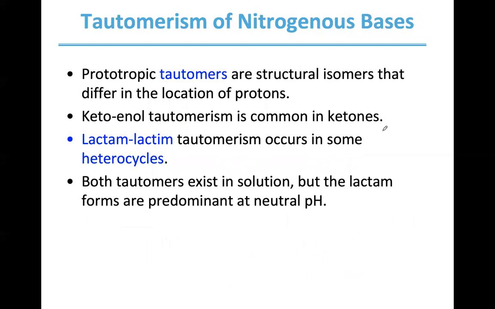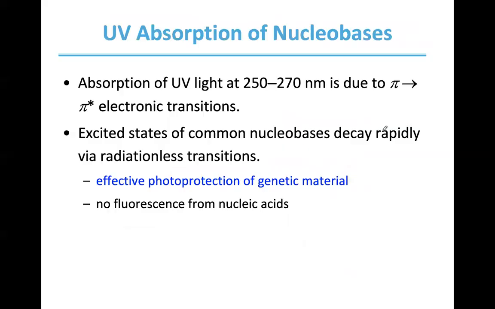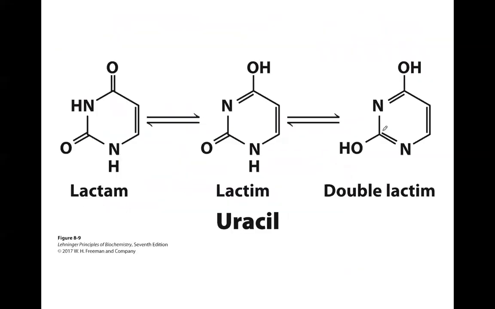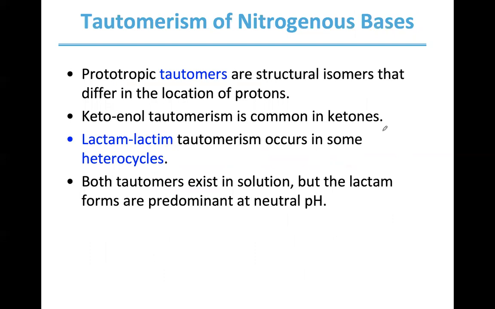Now there's also what's known as tautomerism. There's tautomerism of nitrogenous bases. So remember tautomers. We talked about them in terms of ketones in OChem 2, right?